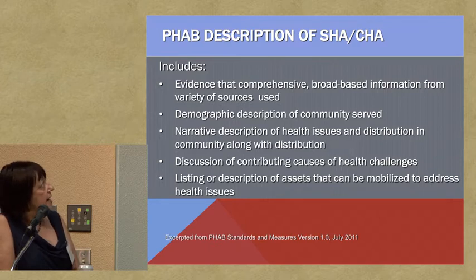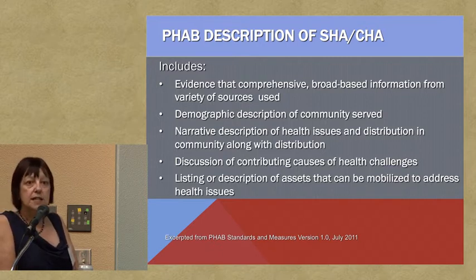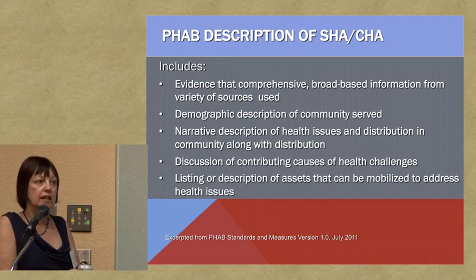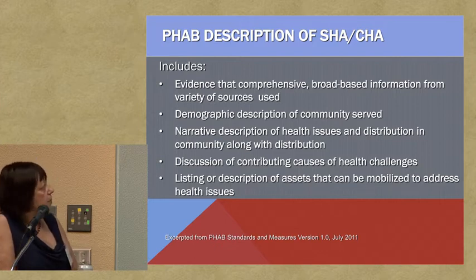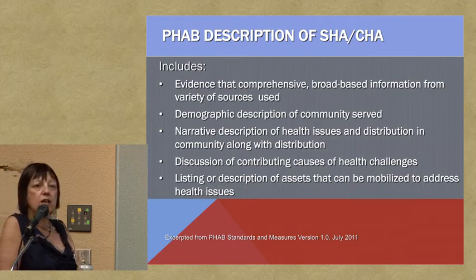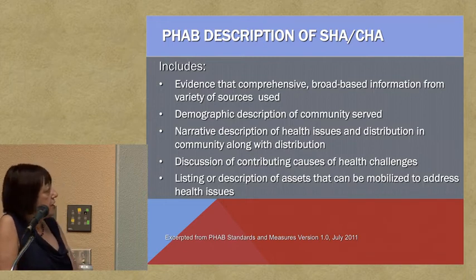FAB wants to see a narrative description of health issues and distribution in the community, and they want a discussion of the health challenges and the underlying challenges. So again, looking at a systems approach, not just what's at the tip of the iceberg. A listing of the assets that you can use to address some of these issues.